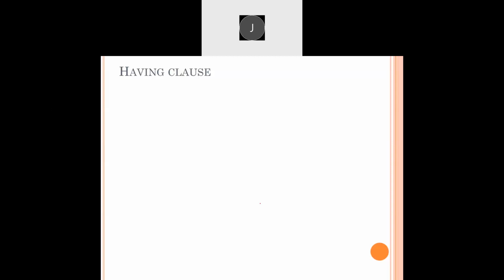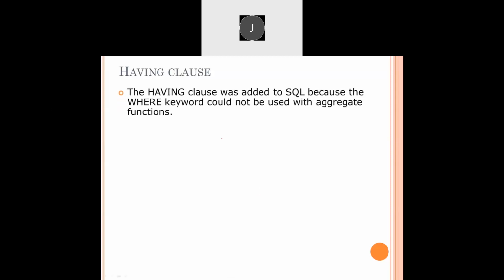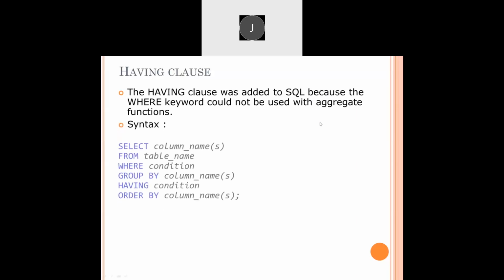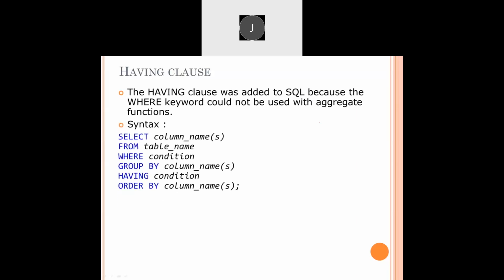So the HAVING clause was added to SQL because the WHERE keyword could not be used with aggregate functions. If you wanted to check some condition with an aggregate function, then you can go for the HAVING clause.